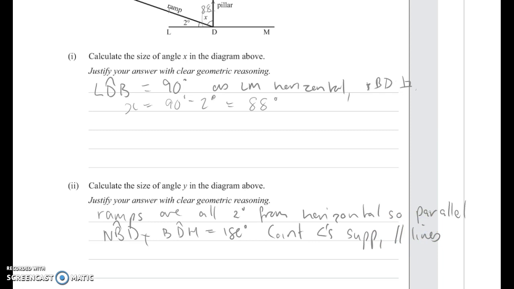Okay, because supplementary angles, co-interior angles are only supplementary on parallel lines. So NBD plus 88 degrees equals 180. So NBD equals 180 minus 88, which will give me 92 degrees.